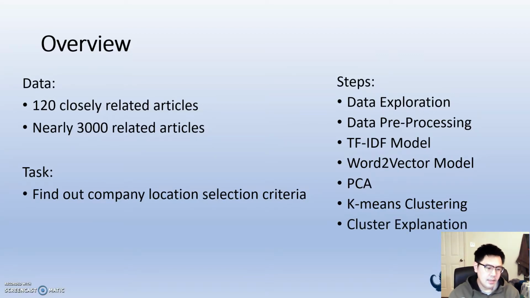And then we do a cluster explanation. So basically we expect that we can intuitively explain what kind of criteria those words represent. So this is basically the overview of this project.